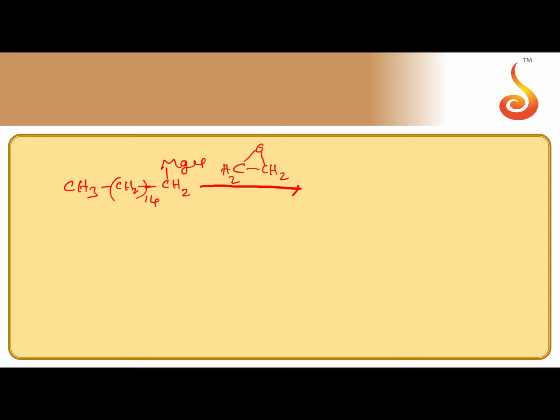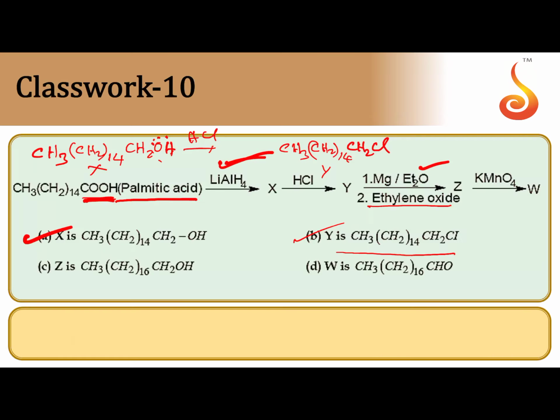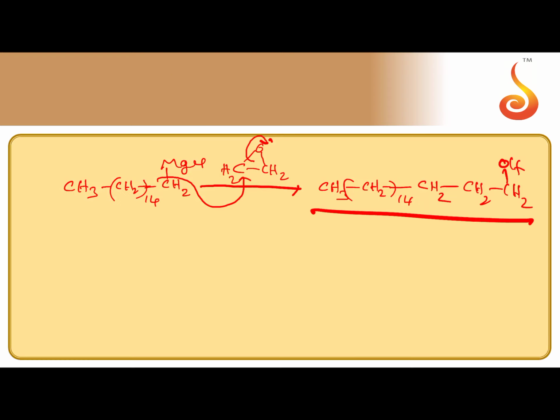CH2 minus nucleophile attacks at one of the electrophilic carbons. Ring is opened. Later that takes H plus forming OH. CH3(CH2)14CH2CH2CH2OH. That is Z. So here two more CH2s you can add.